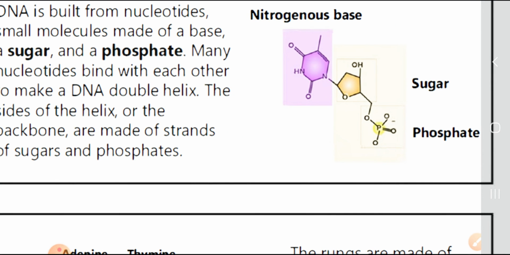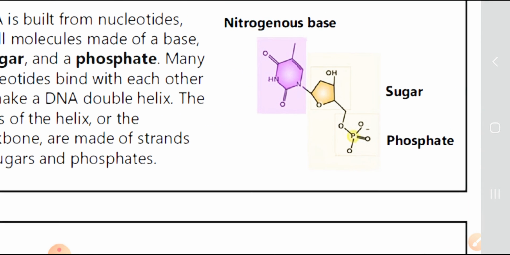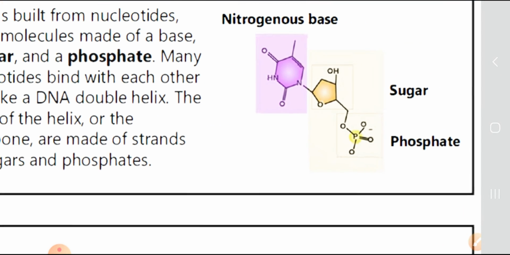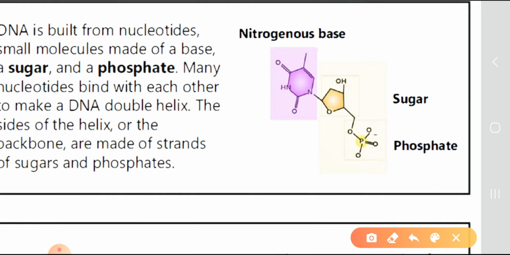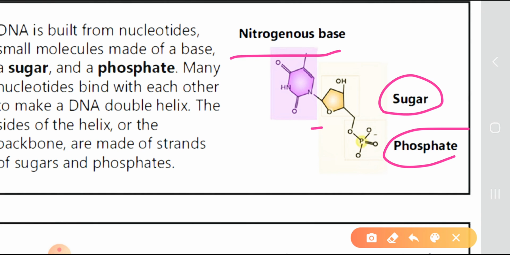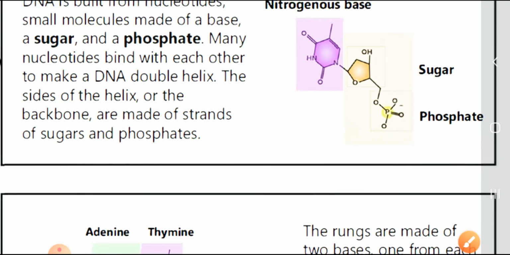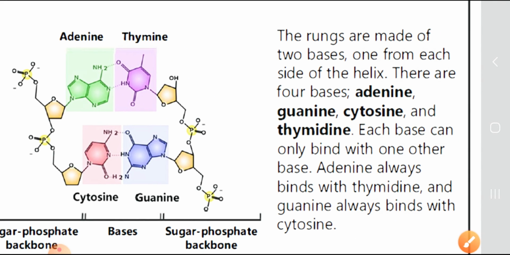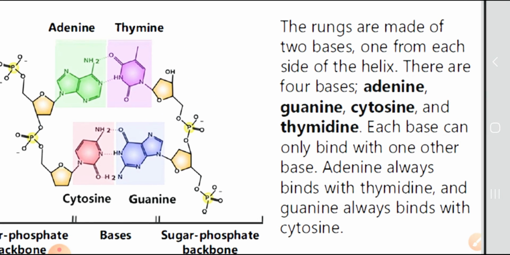The sides of the helix, or the backbone, are made of strands of sugar and phosphate. You can see here is the nitrogenous base, here is a sugar, here is a phosphate. And the rungs are made of two bases, one from each side of the helix.